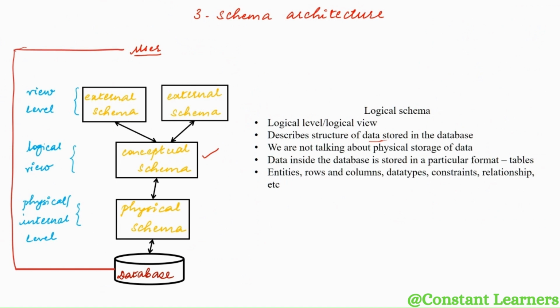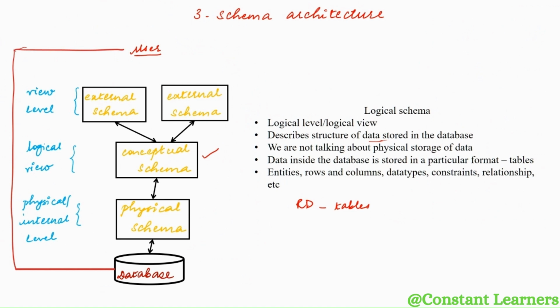We are not talking about the physical storage of the data. The data is stored inside the database in a particular format. For example, with relational databases, the data is stored in the form of tables, and these tables are related to one another. The data inside each of these tables is related to one another.